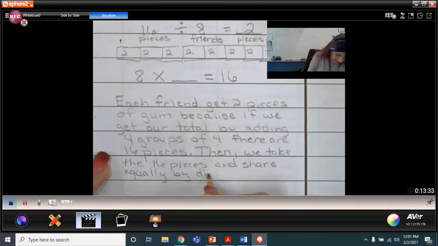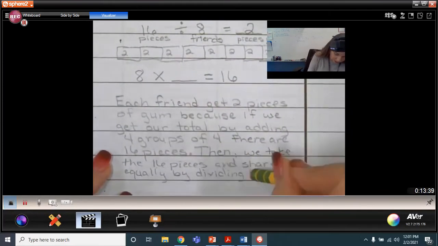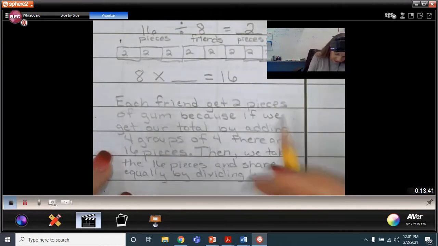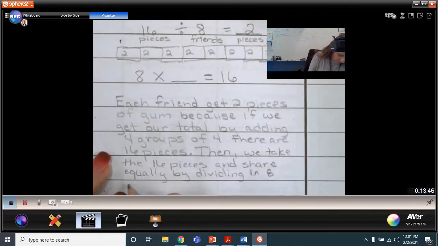By dividing by, or into, let's say into, because we already just used by here, into 8 groups, or between 8 friends.